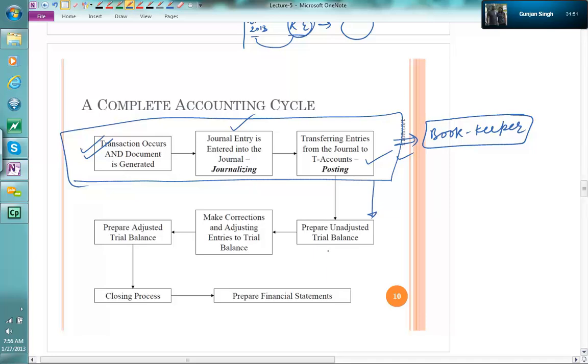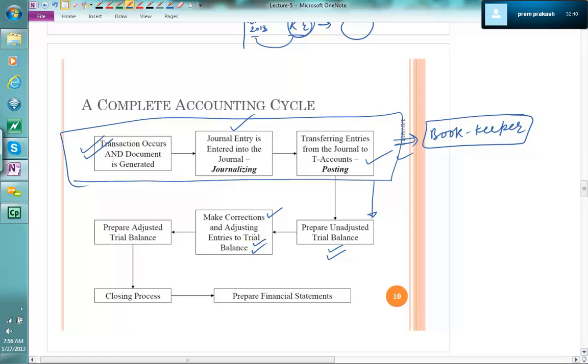We will see the meaning of unadjusted trial balance, but for the time being, just consider that after you prepare the trial balance, some corrections and adjusting entries are made to it.